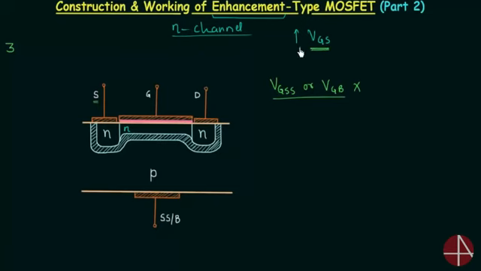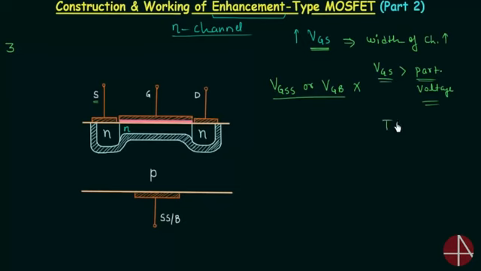Now if you increase VGS, this implies the width of the channel will also increase, and at one point, let's say VGS is greater than a particular voltage, the channel width is sufficient to allow significant flow of current.